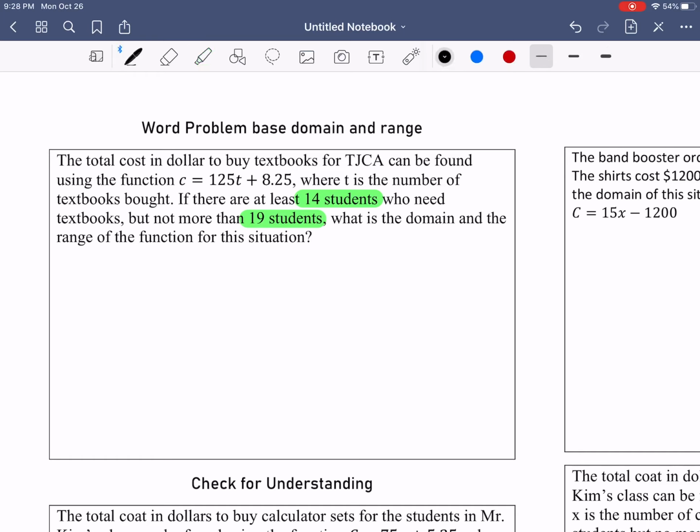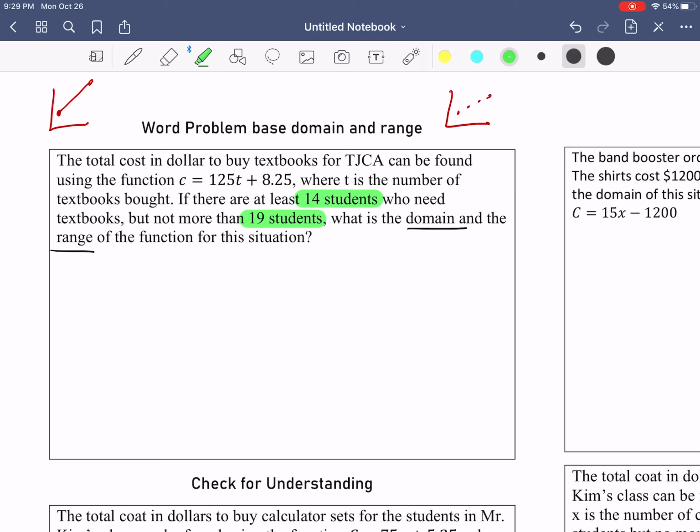So we are trying to find the domain and range of the function for this situation. Before we do it, we have to understand what is continuous and what is discrete. Continuous is like this line. Discrete is points. Okay, so let's look at this question.